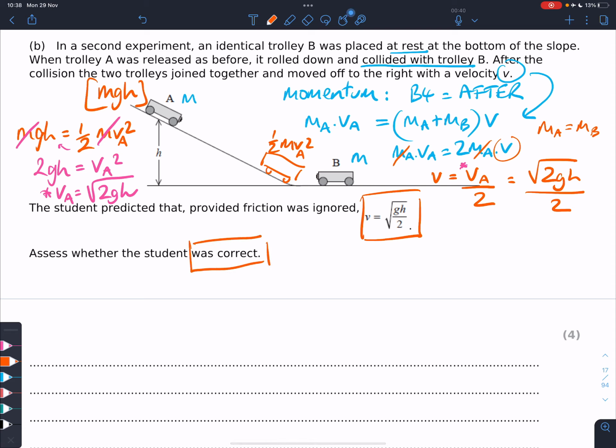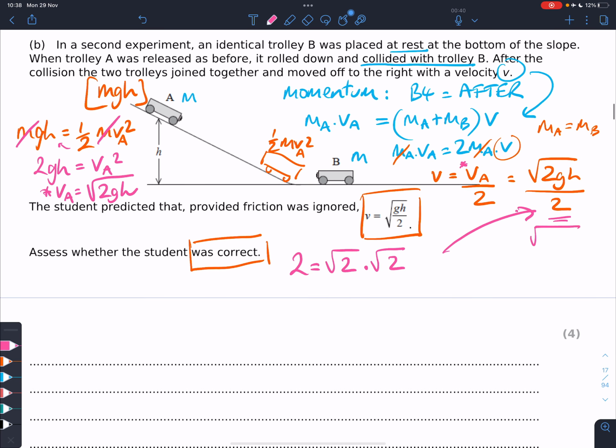Now we have to use a little bit of maths here to work this out, and we have to realize that 2 is equal to root 2 times root 2. So we can replace this 2 and write it as root 2gh, replacing this 2 as root 2 times root 2. And we can cancel one of these root 2's.